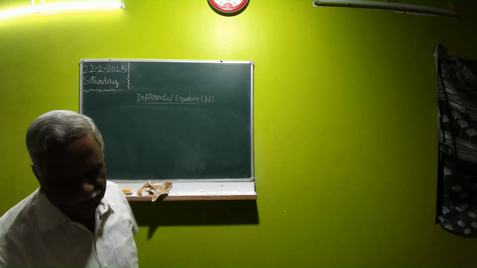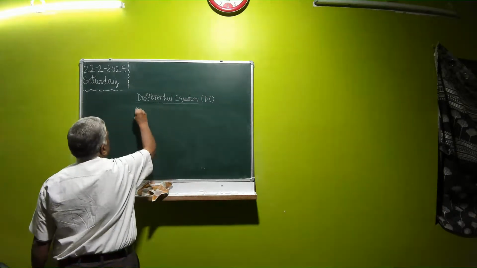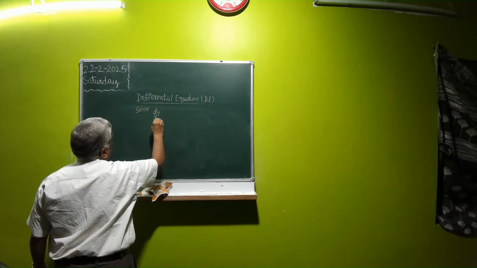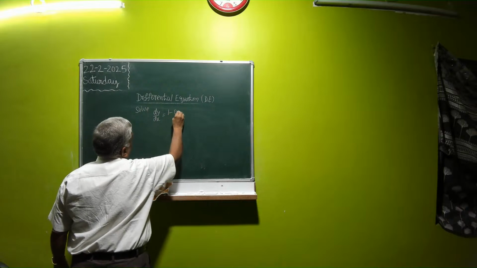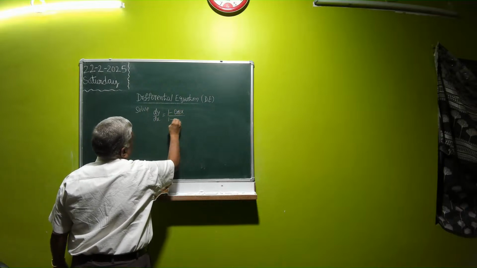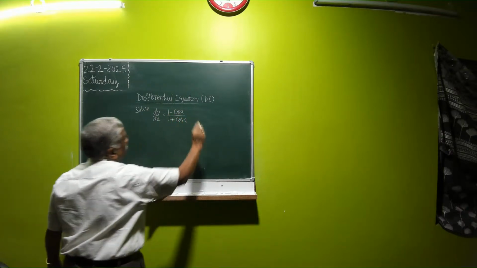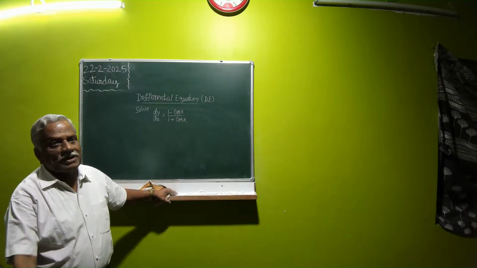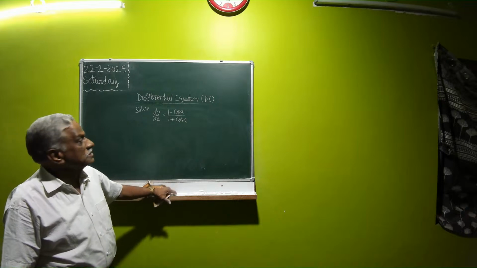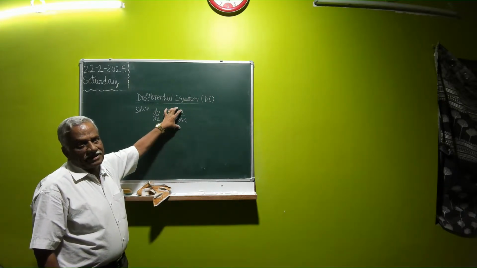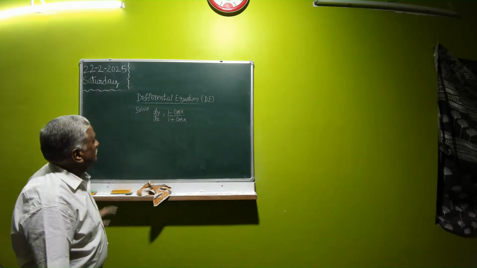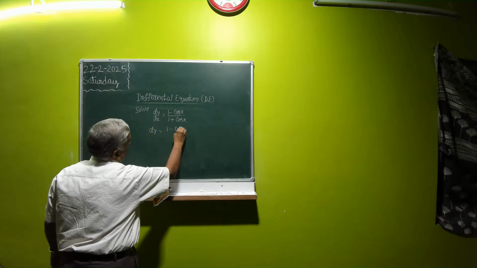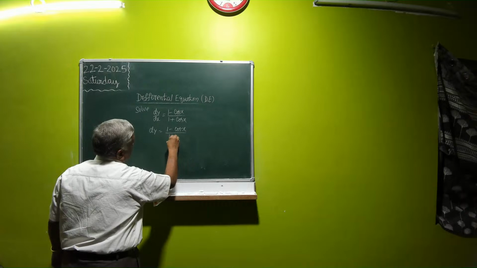Let us take the problem. Solve dy by dx is equal to (1 minus cos x) over (1 plus cos x). Now, can we separate them into two different parts? Yes, it is possible. This is a function of x, therefore it should go with dx. So you can write this as dy is equal to (1 minus cos x) over (1 plus cos x) dx.